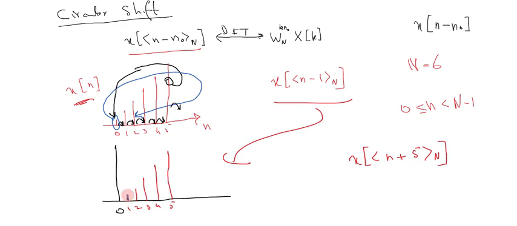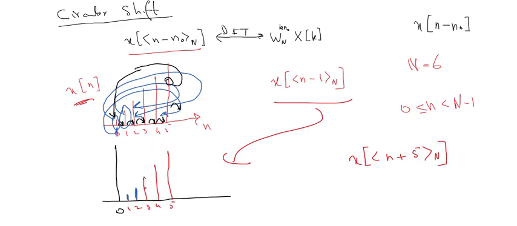This sample will be placed here. Now for the next sample you have to move it 5 units again in this direction. So this sample will move here, then from here towards 5, 4, 3 and 2, and this will appear here.